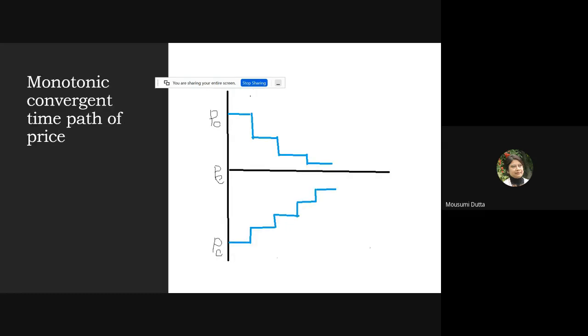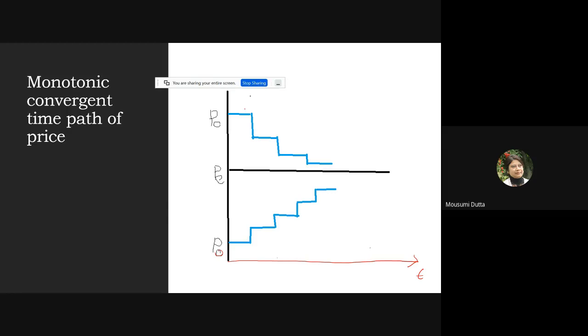Okay, so if I would like to draw the time path of price against time, as I mentioned last class, you can draw the axis. If you like, you can draw this axis too. And these are all P naughts. So this can be your starting point, so it can be like this.